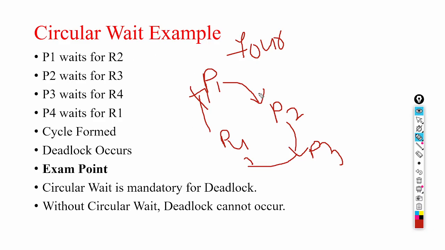Now a complete cycle is formed. Since every process is waiting, none can continue the execution. This is a classic circular wait situation.